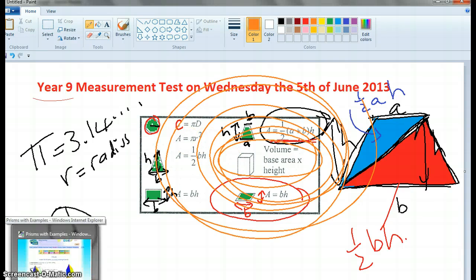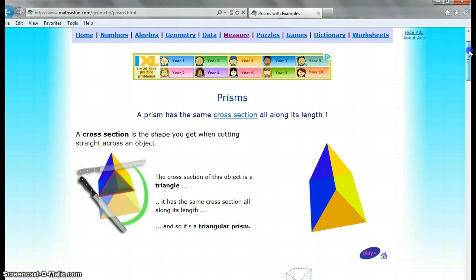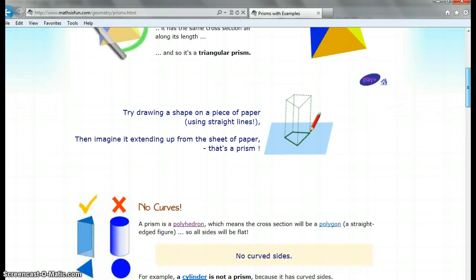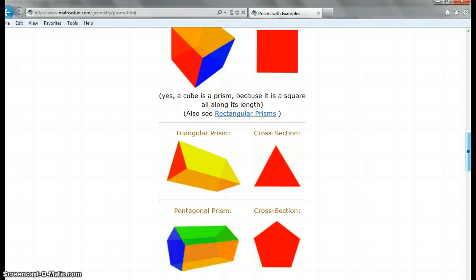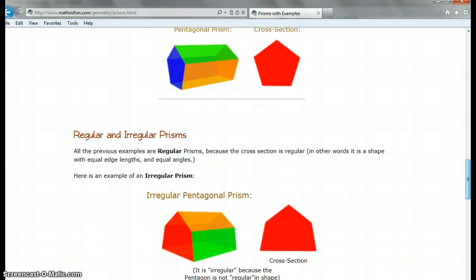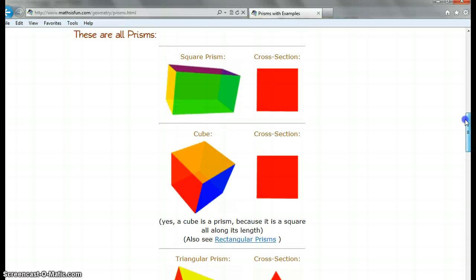What it's actually talking about here is prisms. So it's actually saying it doesn't matter what shape the base of the prism is, you get the area of the cross section, and you times it by the length.